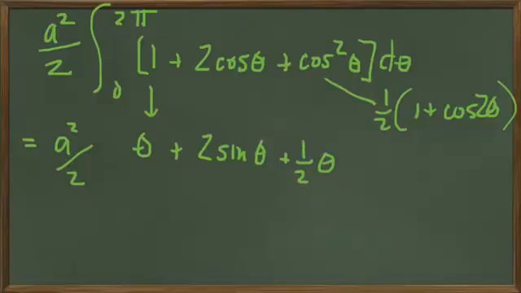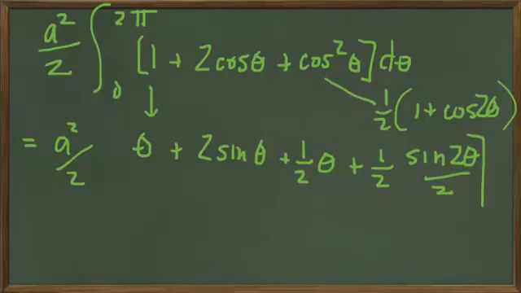And when we integrate the 1/2 times cosine 2 theta, we get 1/2, and the integral of cosine 2 theta is sine 2 theta divided by 2. And we're going to plug in 0 to 2 pi into all of those occurrences of theta.